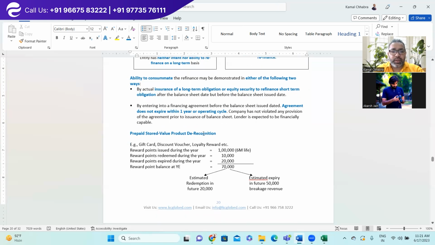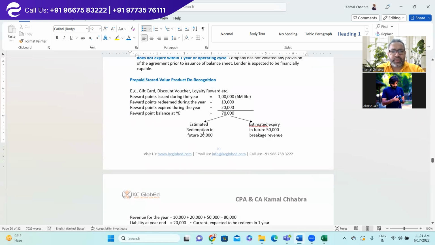Right. Next is prepaid stored value product derecognized. This is similar to the breakage concept. If you remember, we did it in ASC 606. Do you remember what the breakage concept is? We studied it in ASC 606. Yes sir, at that time we discussed something about credit cards.